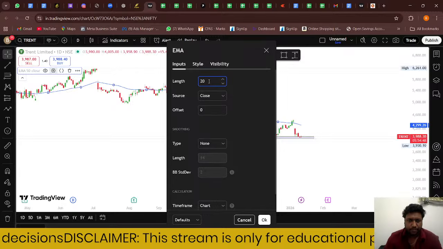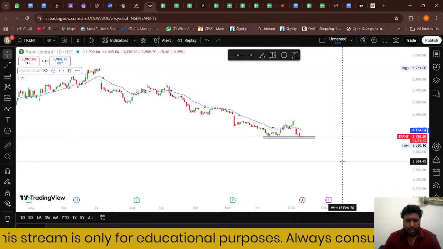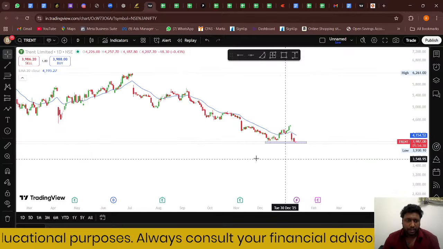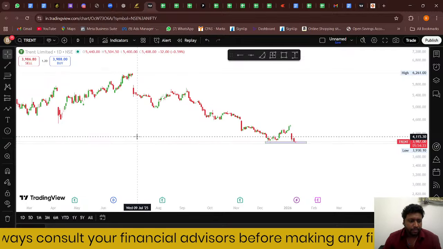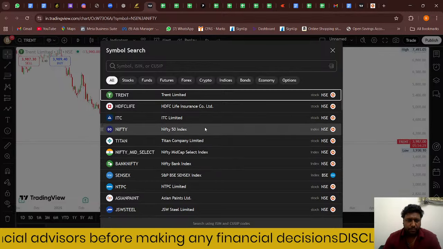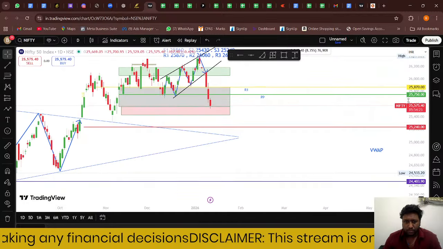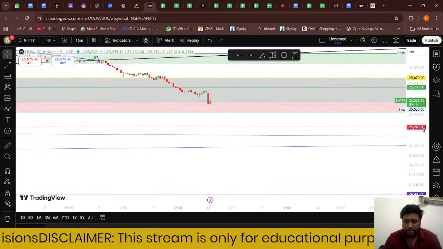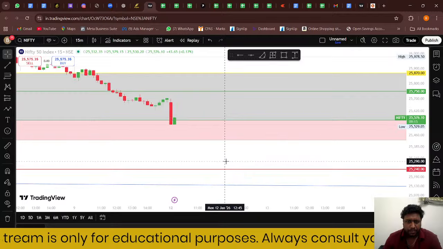Only after proper volume will we plan entries on this. Until and unless, we'll wait for that. So this level, if you see a retest, a retracement on the 15 minute.